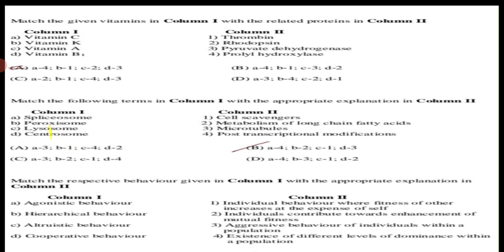Question first, match the given vitamins in column first with the related protein in column second. In column first, some vitamins are given, and in column second, their related proteins are given. In column first, the first option is vitamin C. Vitamin C is known as ascorbic acid.